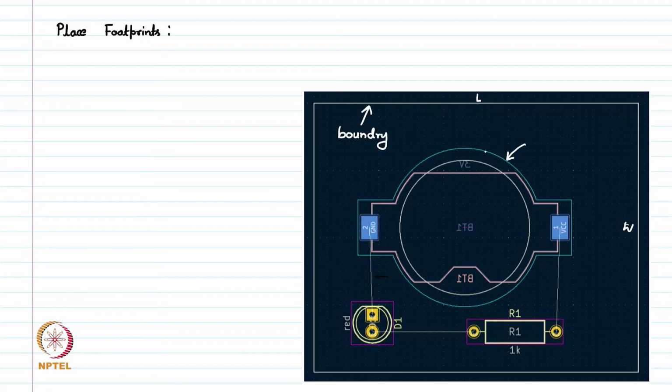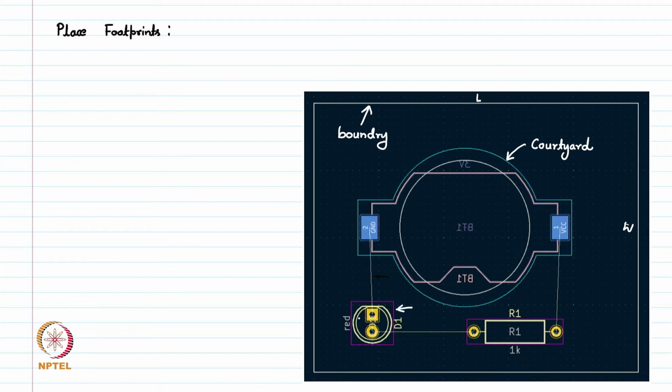This is sometimes called the courtyard. This layer is used to keep other components away from this component so that there is no overlapping of two components with each other.